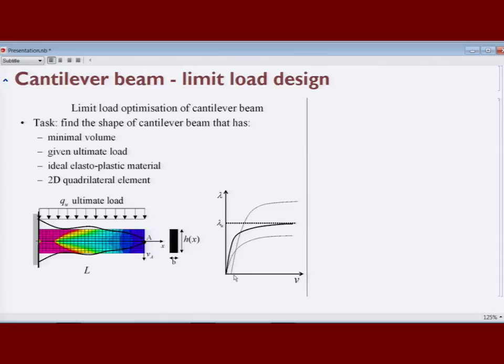We are looking for the shape of the beam that would give exactly this response curve. So we can parameterize this shape with several parameters, taking linear or maybe quadratic interpolation along the x-axis, and by changing the parameters of the shape, we can search for the shape that has minimum volume, but at the same time, has this response curve.